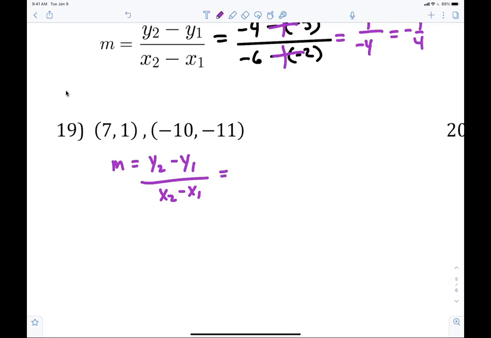What's the second y value? I'm on 19. What's the second y value? -11 minus, what's the first y value? Over, what's the second x? -7. -12 over -17 is the same as 12 over 17.